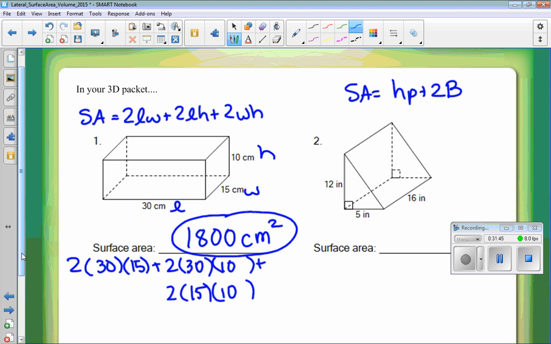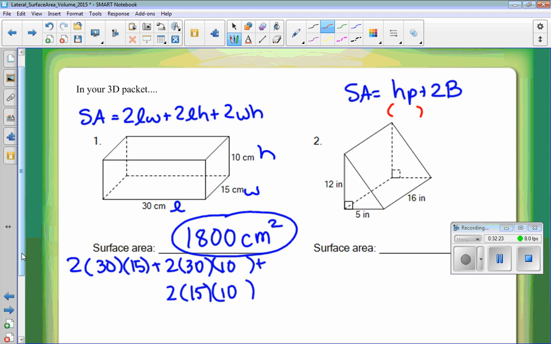What's different about the surface area formula that I picked for the prism than what's on your formula sheet? It's not the same one that's on your sheet. What did I do? I substituted the lateral area already in it. Is that okay? The lateral area is the height times the perimeter of the base, so I just plugged it in to make it one thing. What number up here represents the height?